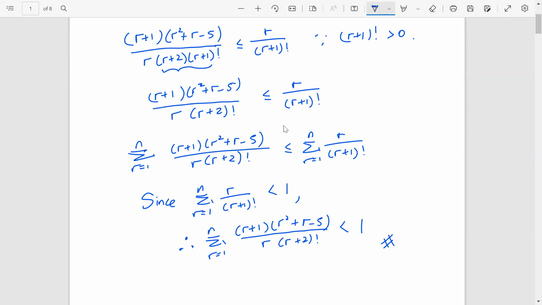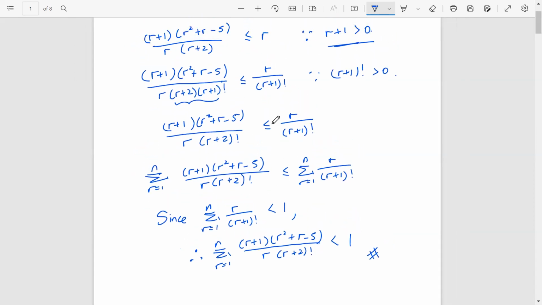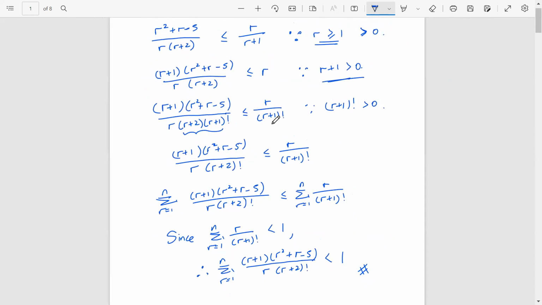Okay, now let me zoom out a little bit. Then we do our comparison here. The thing is, just imagine if you are doing this immediately, you'll be thinking, hey, how come I know I must multiply? How come I know I must do this and bring this over only?